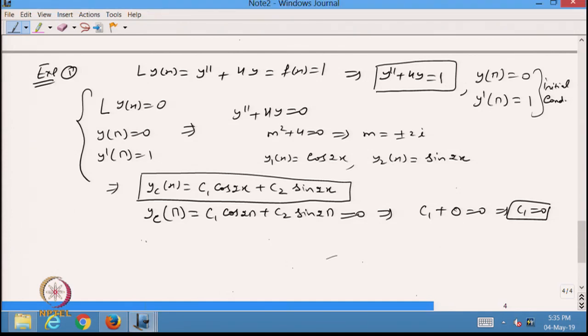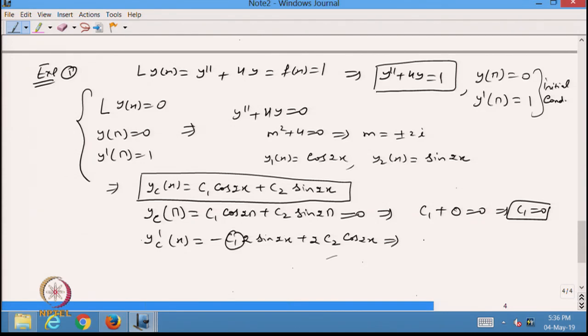And then I will also define y_c'(x). This will be minus 2 C1 sin 2x plus 2 C2 cos 2x, but the first term is already 0 because C1 is 0.